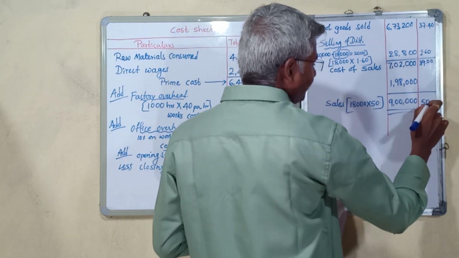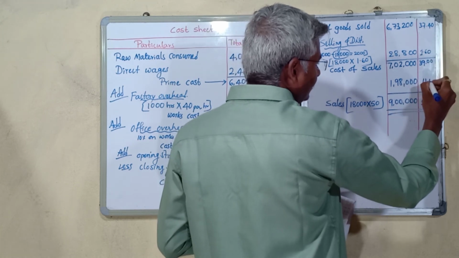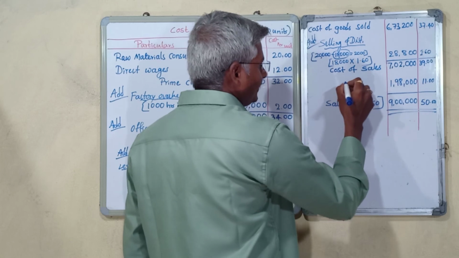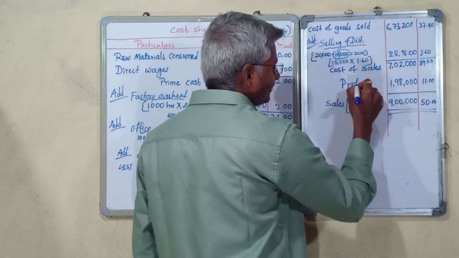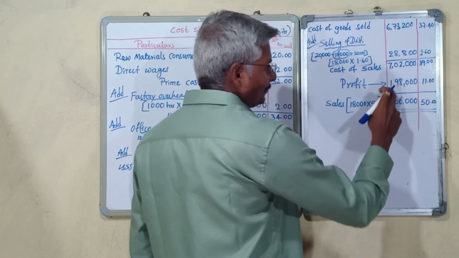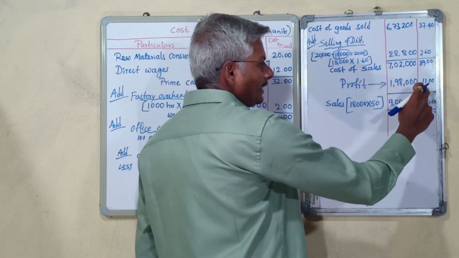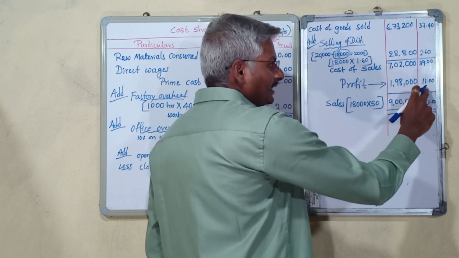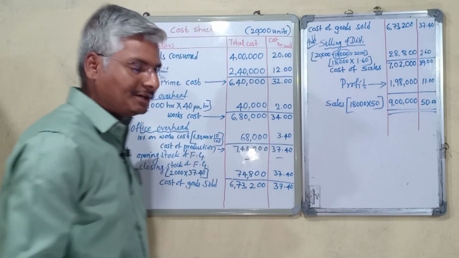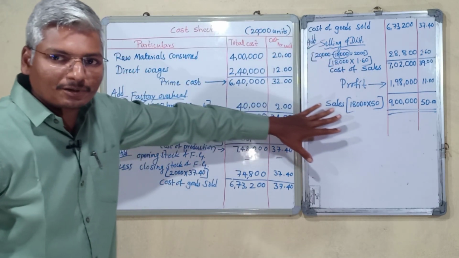The difference 50 rupees minus 39 rupees is 11 rupees per unit. It is positive, so we treat it as a profit. This is the profit margin, 1,98,000 rupees in total and rupees 11 per unit. So this is the solution for this particular problem.